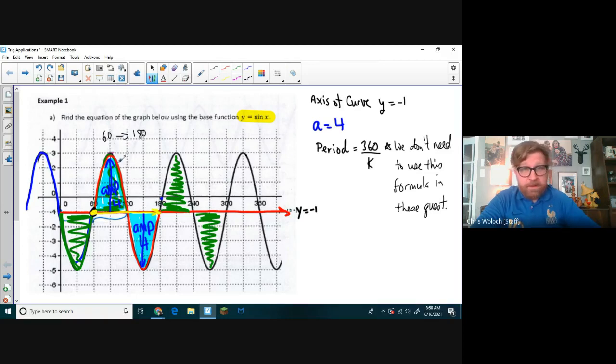And if you don't know how, every square is 30, or you can go 180 minus 60, whatever you want. Period is going to be 180 minus 60, which is 120.